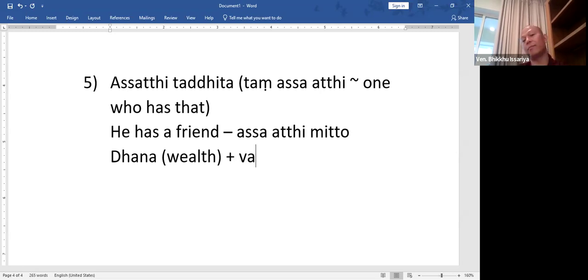And then vant, or maybe in some grammar with the final vowel, dhanavant. This one is more of an adjective, like this adjective is also a noun to describe the person who has, who is rich, the person who has that. Who has? Right.